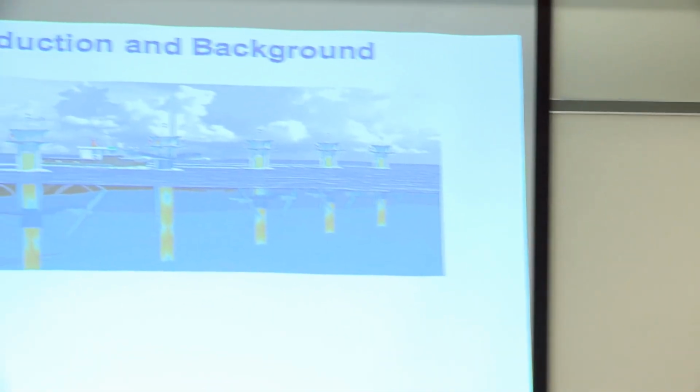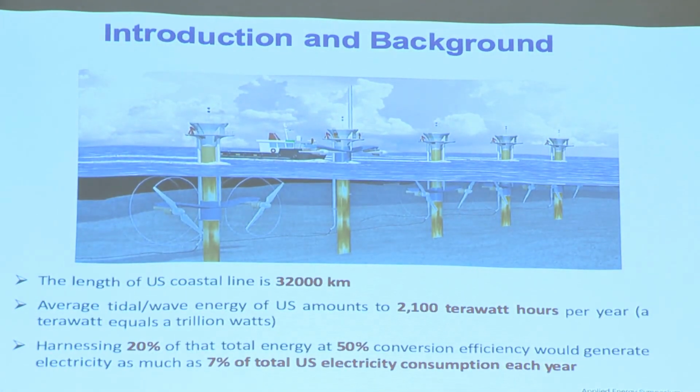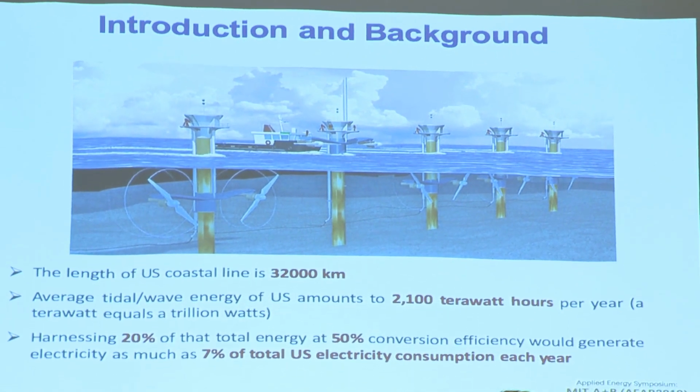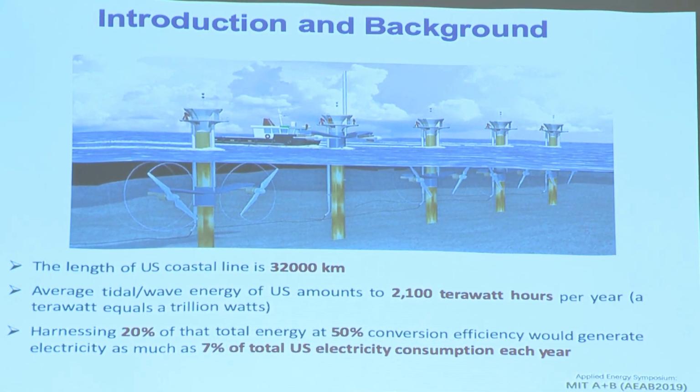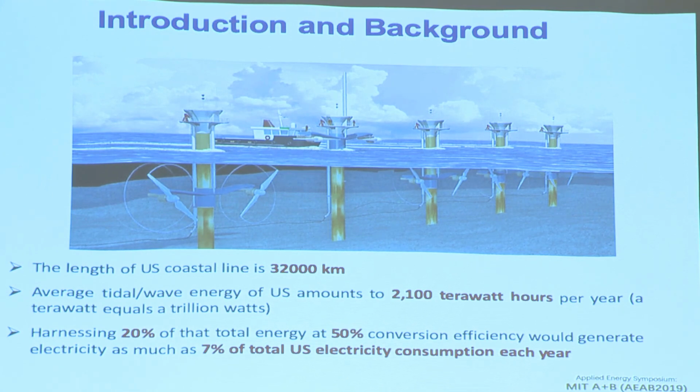Many people don't know that hydro energy in the United States is very promising, and we have a huge potential. Here are some statistics from the Department of Energy. The length of the U.S. coastline is more than 32,000 kilometers.